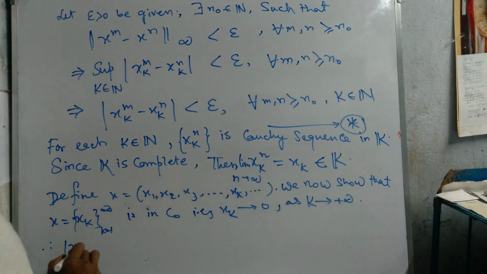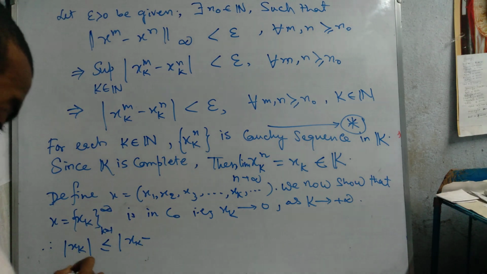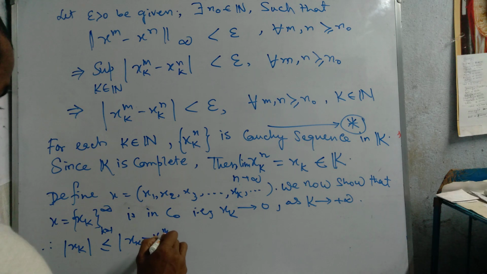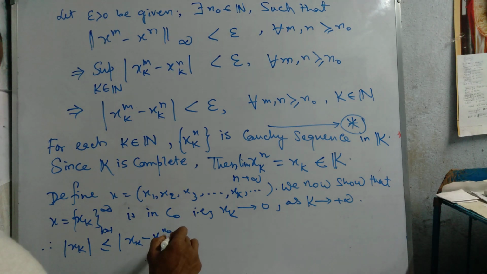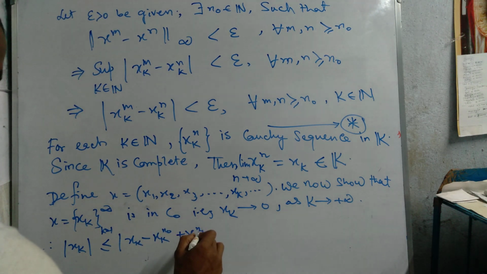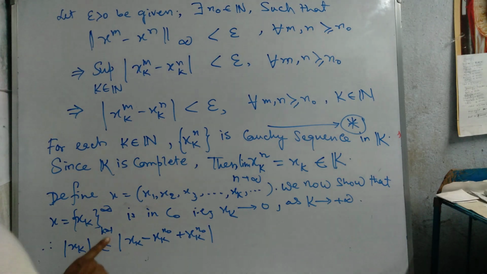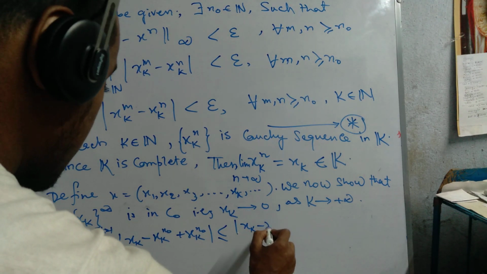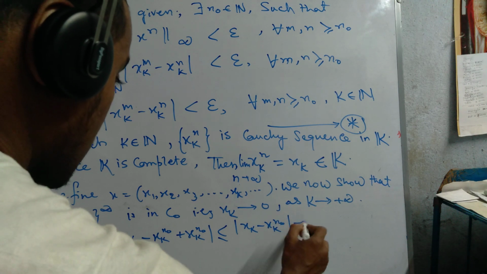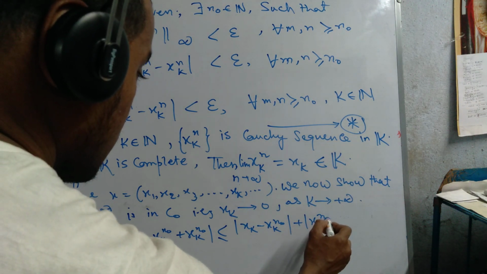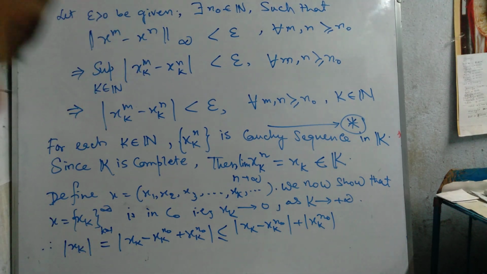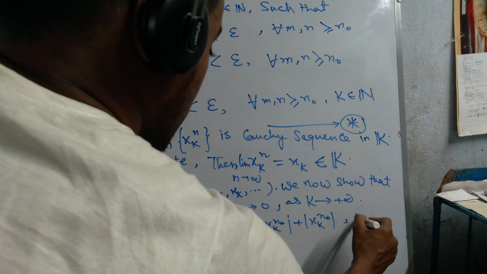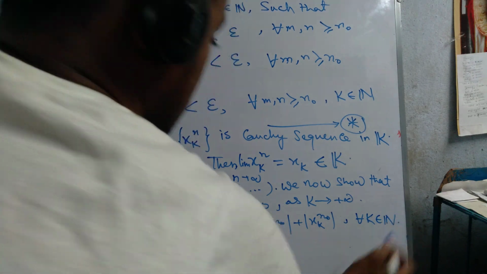Now therefore, the modulus of xk is less than or equal to the modulus of xk minus xk^(n0), plus xk^(n0), by the triangle inequality, for k belonging to the natural numbers.